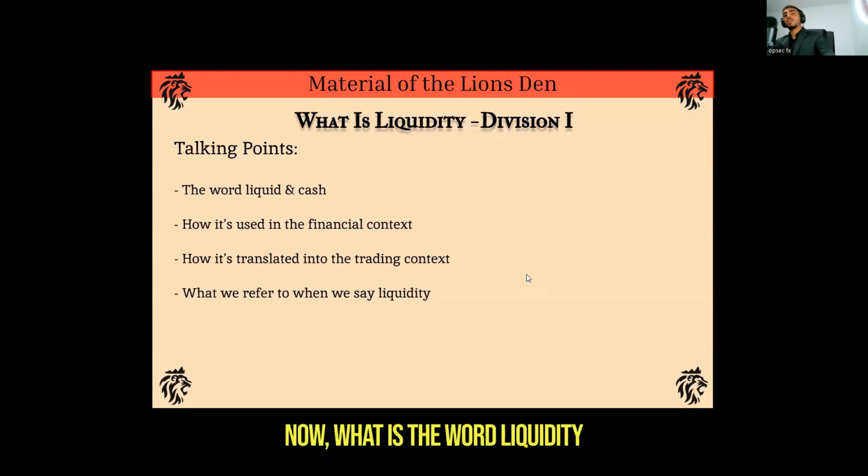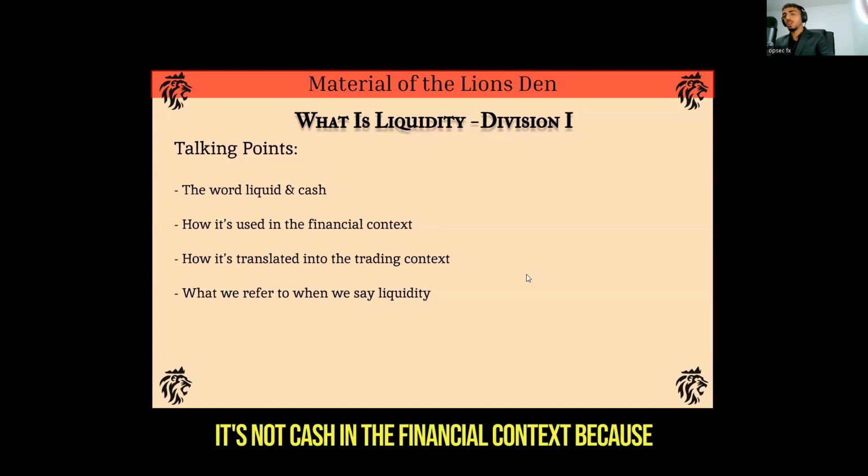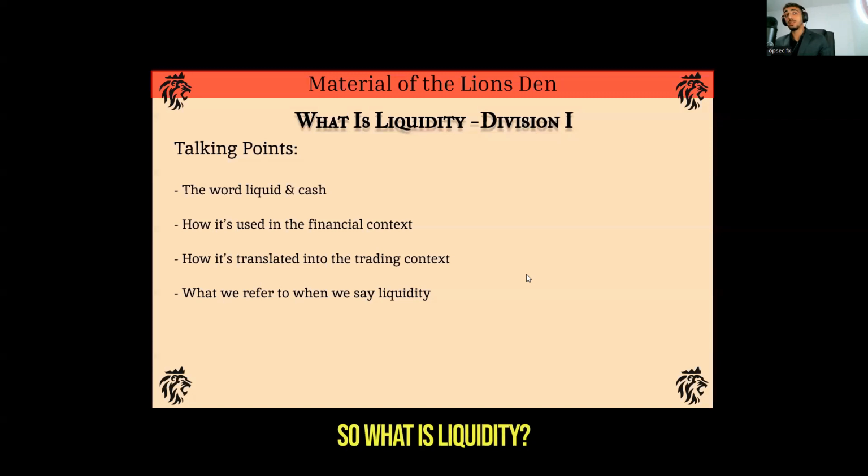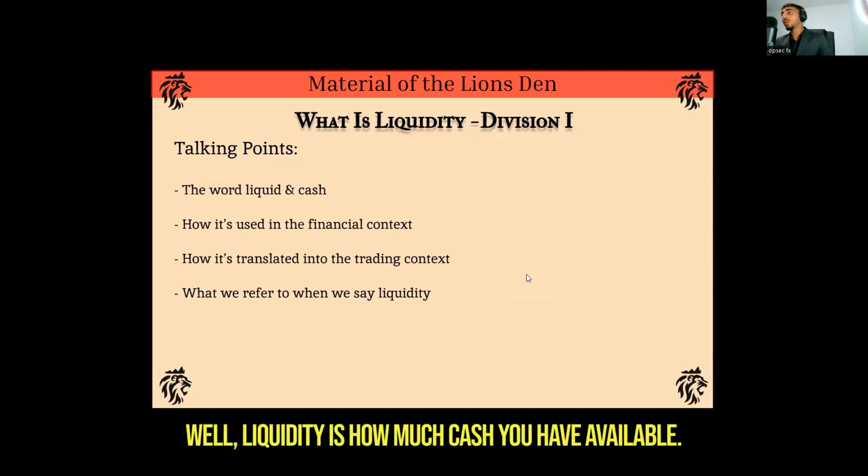Now, what is the word liquidity actually in the financial context? It's not cash, because when you go to pay somewhere, they don't tell you we accept credit card or liquidity. They tell you we accept credit card or cash. So liquidity is how much cash you have available.